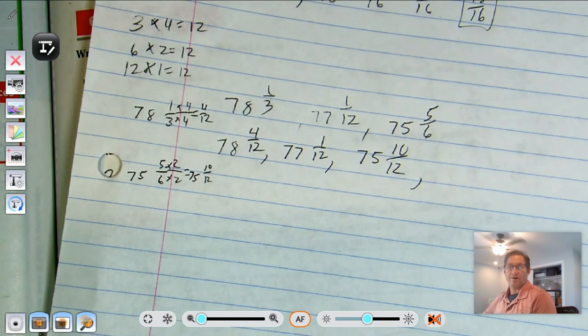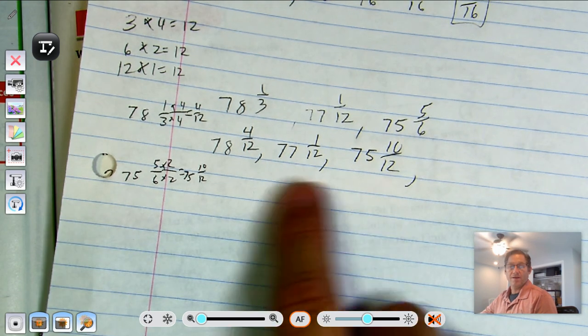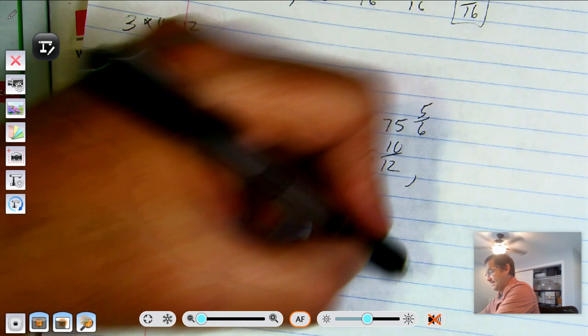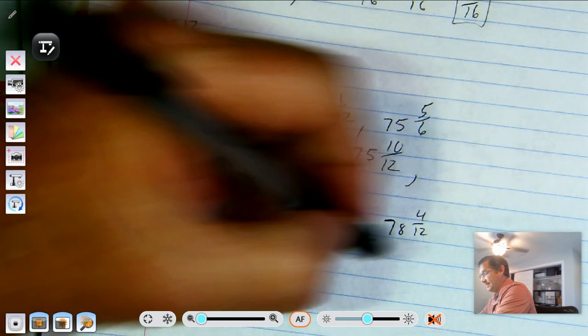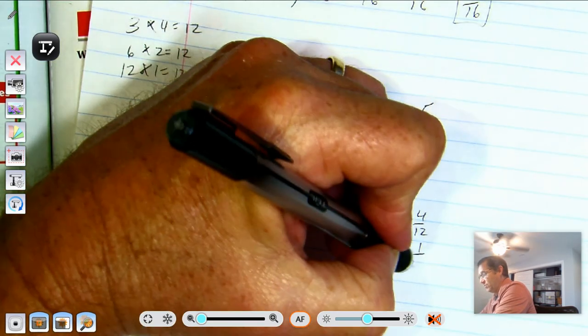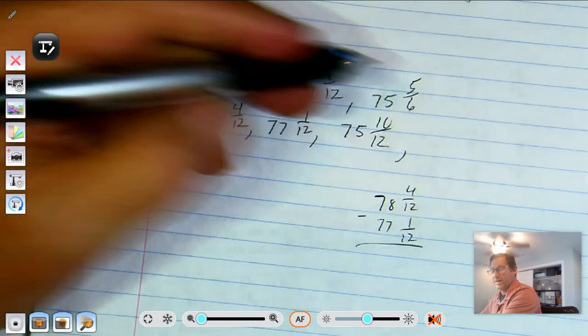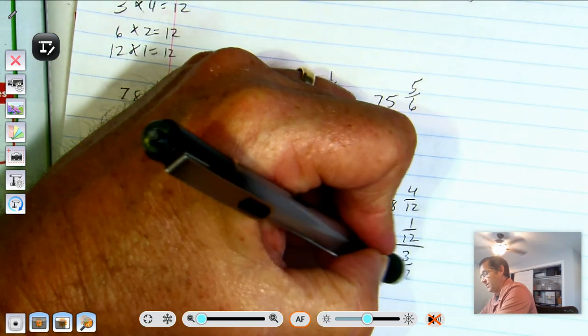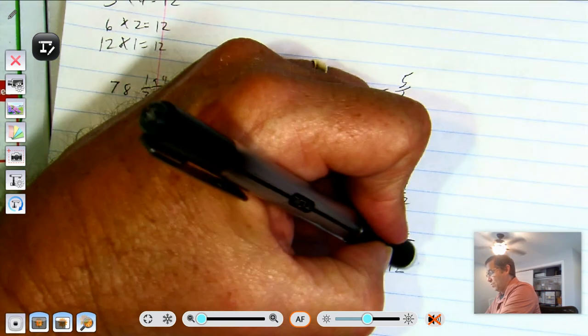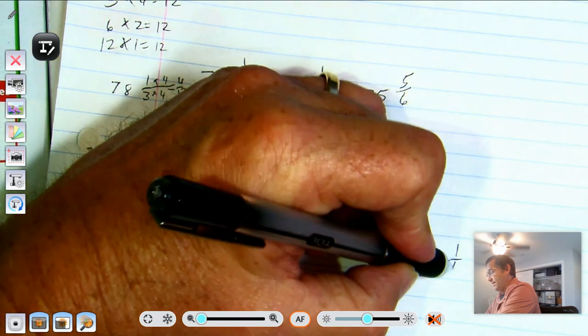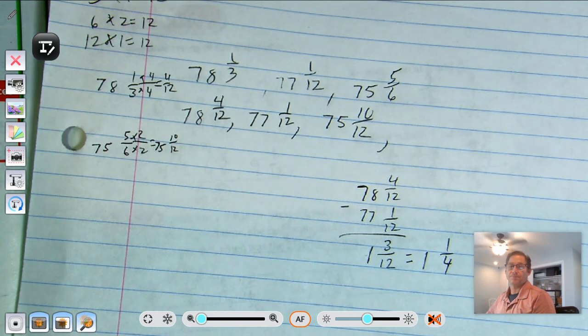Well, what's the pattern first off? It looks like it's getting smaller, right? So 78 and 4/12 minus 77 and 1/12. Well, 4 take away 1 is 3, so 3/12. So it's decreasing by 1 and 3/12, which is also the same as saying 1 and 1/4.